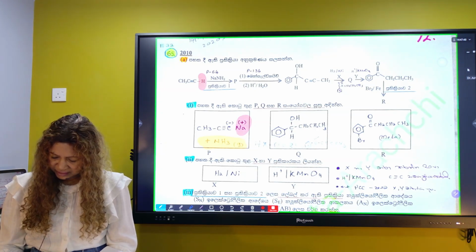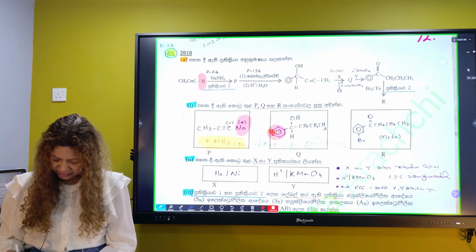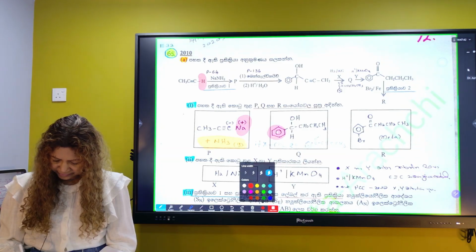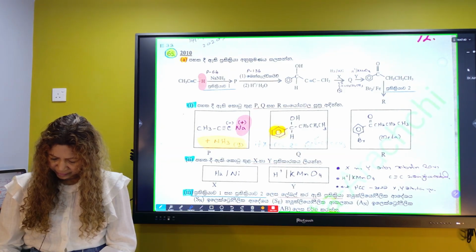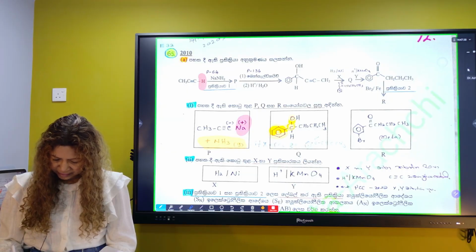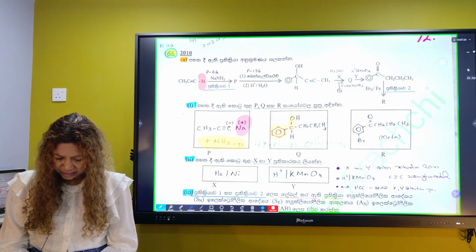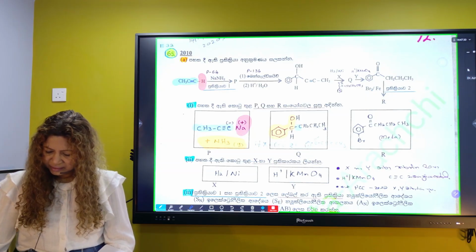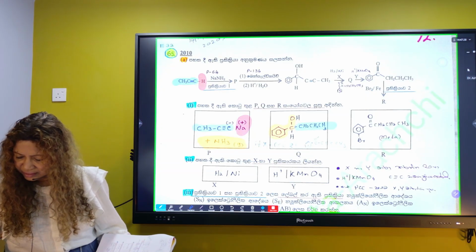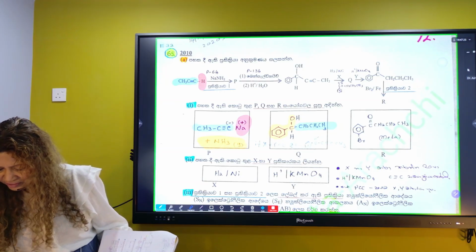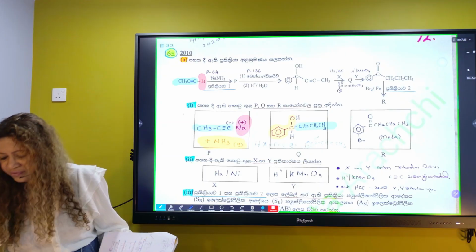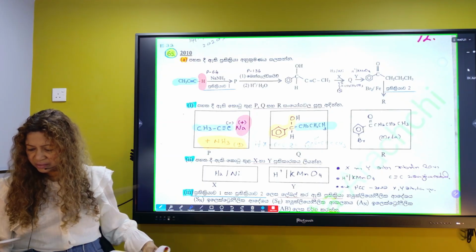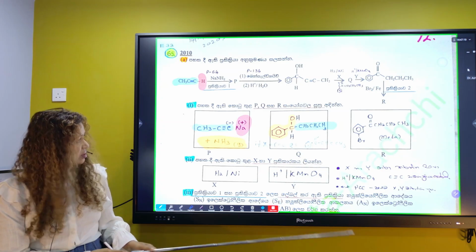This is the benzaldehyde part, and this part is this. And then they did two different steps, and the final result is this one, CO, CH2, CH2, CH3.